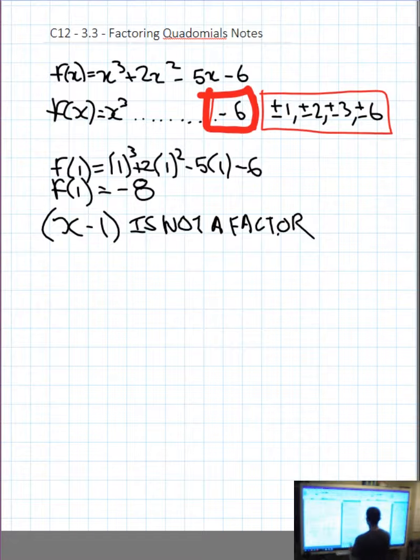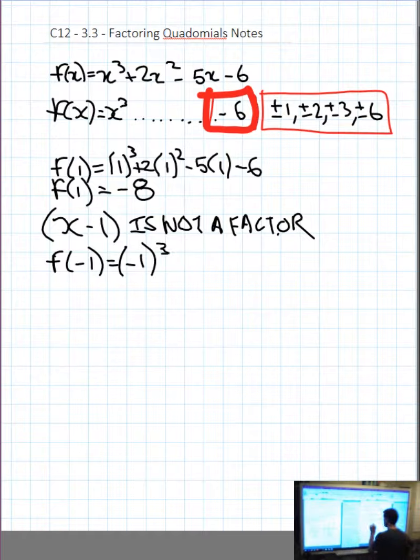Now let's try negative 1. f of negative 1. Let's substitute negative 1 in for x, making sure that we use the proper substitution with brackets.